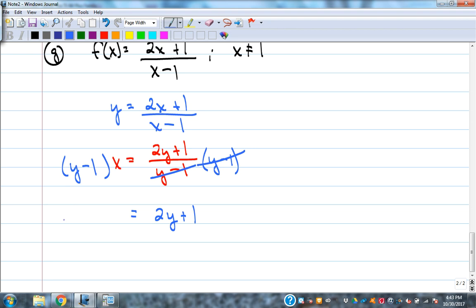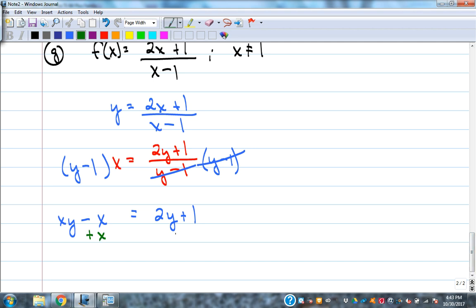I still got y over here. I've got xy minus x, just doing distributive property there. So I still got y in two different places, and I've got to do something about that. When I'm trying to solve for y, I try to get all the y's together and all the things that are not y's on the other side.